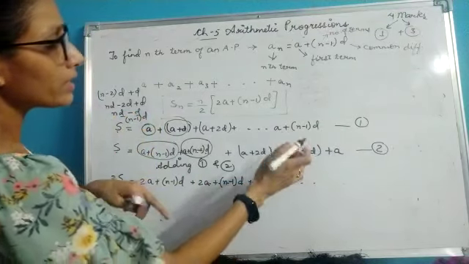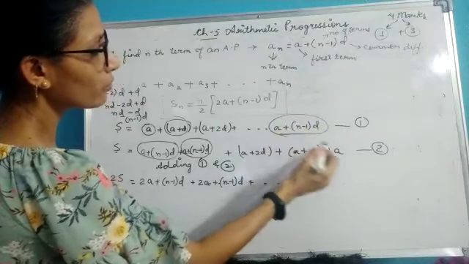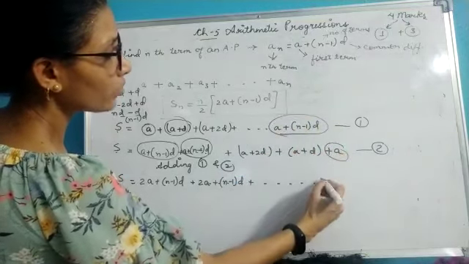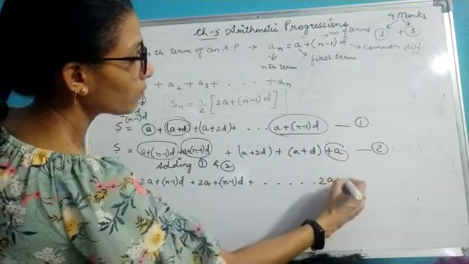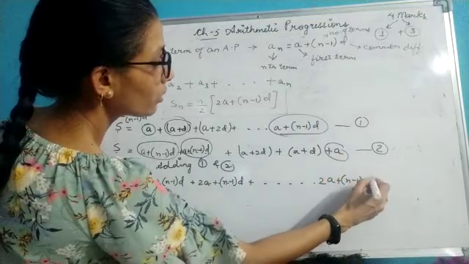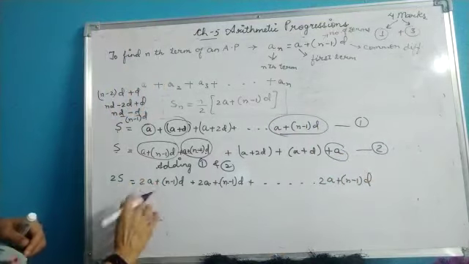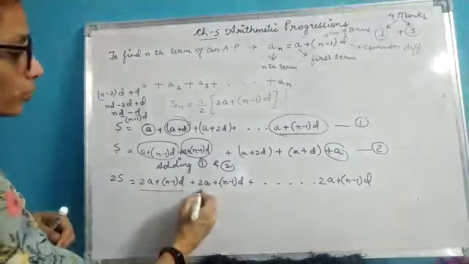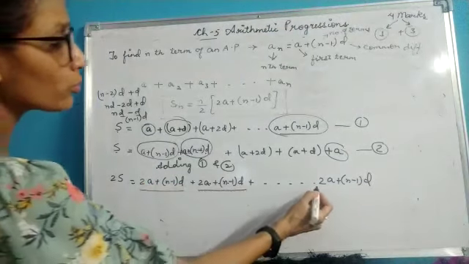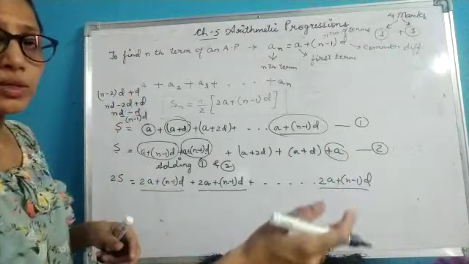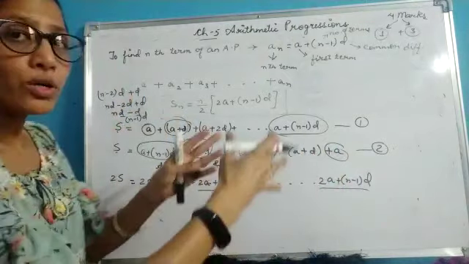So at last, if you add this and this, then again you will be getting 2a plus n minus 1 into d. That means 2a plus n minus 1 into d, 2a plus n minus 1 into d, and so on. These are your n terms.